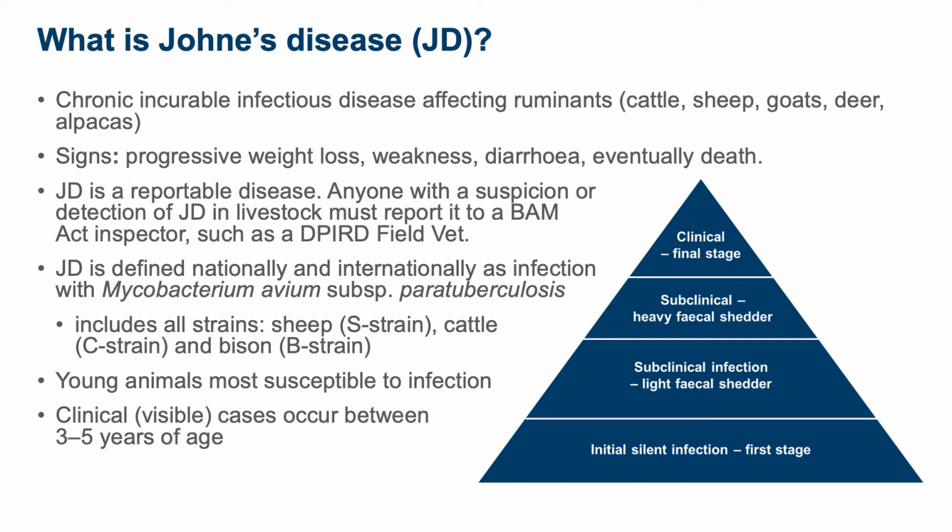Until this happens, it cannot be detected, and it's sometimes even longer before cattle will show signs of being unwell. It's only very late in the disease that cattle will show signs such as weight loss, weakness, and diarrhea. However, long before this point, cattle will have been shedding the bacteria and infecting the rest of the herd.